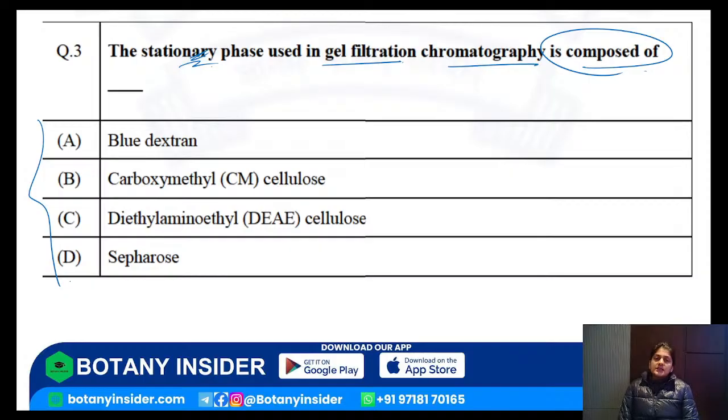The stationary phase used in gel filtration chromatography is composed of which of the following? Blue dextran, carboxymethyl cellulose, diethylaminoethyl, and Sepharose. Mark the answer for this question now.